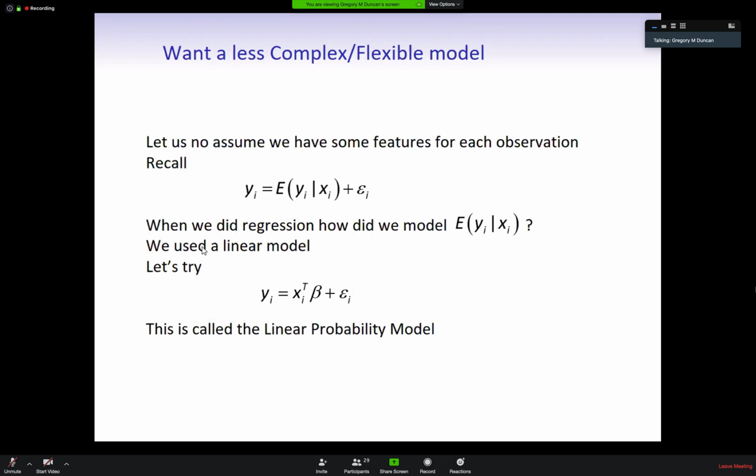So if y is a 0, 1 random variable and y equals x beta plus an error, and the error has a 0 expected value given x, or we assume that, then x transpose beta has to be the expected value of y given x, and it has to be the probability. And so we're saying the probability is linear in x's and in betas.